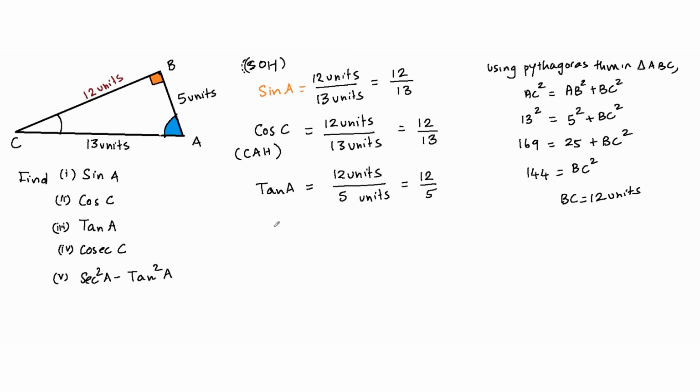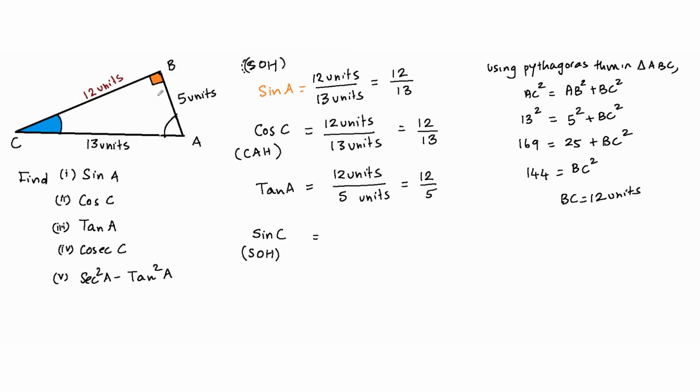Then we have cosec C. If you remember, cosec is the reciprocal of sine. So let me first find sine C. Now angle C is the angle of reference. The short form for sine is SOH.